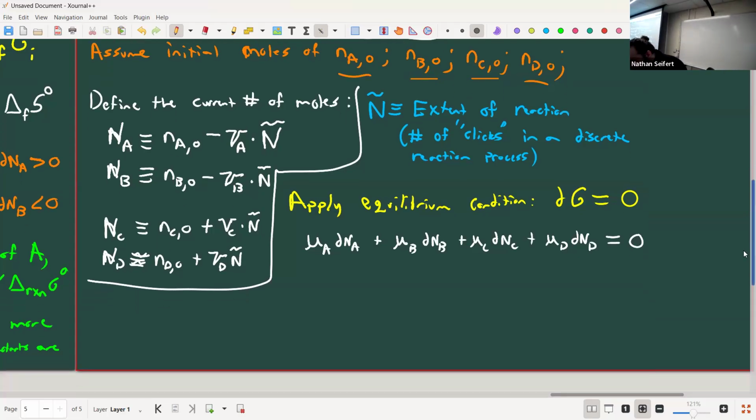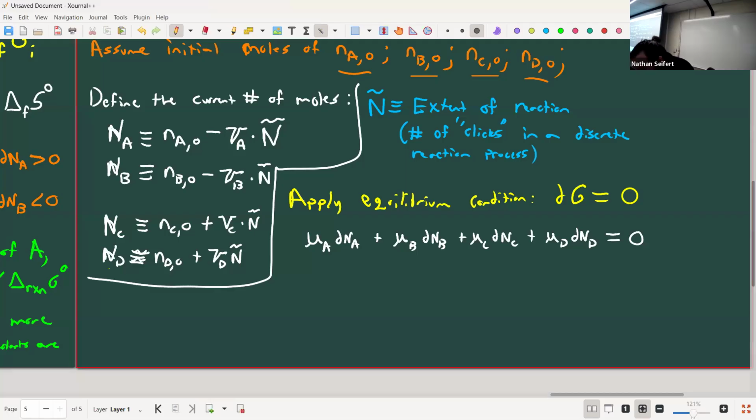In general, dn sub k, whatever k is, some letter, is going to be equal to plus or minus the stoichiometric coefficient of that material times the change in the extent.